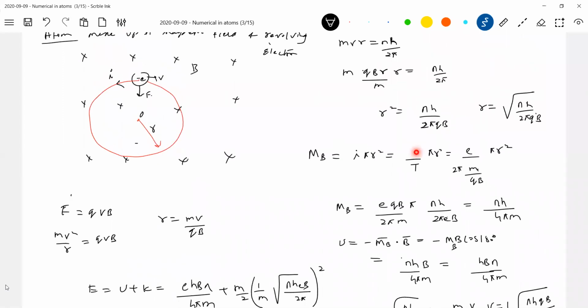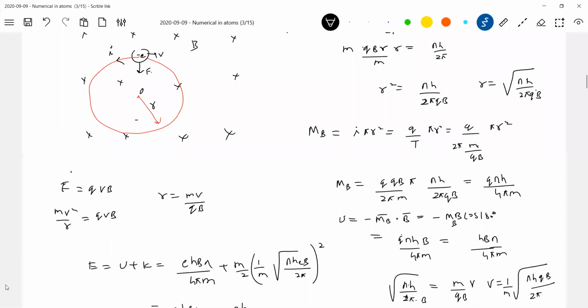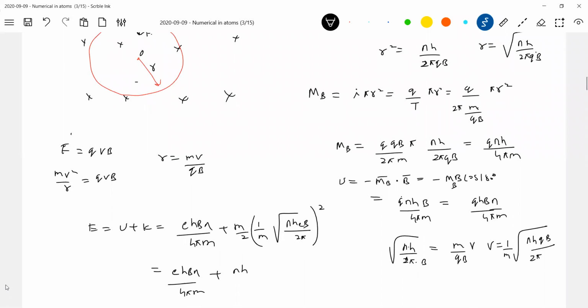So Q, I think here it has changed. 2 pi QB, QNH. Okay, no. This will be 2 pi QB, mV by QB. So V equal to nh QB by 2 pi. So this is Q, this is Q. So nh QB by 4 pi m, and this is the energy.